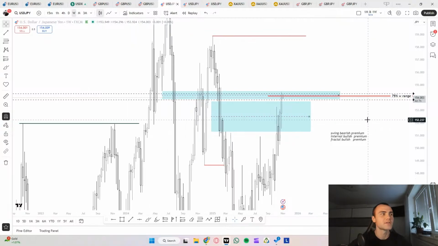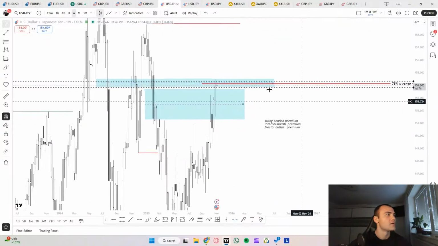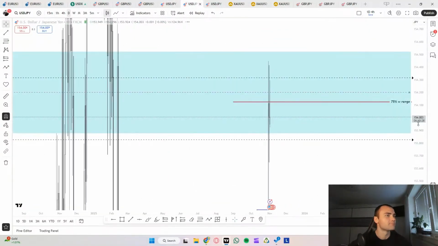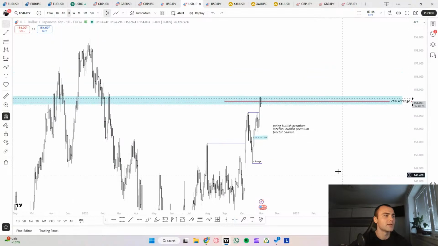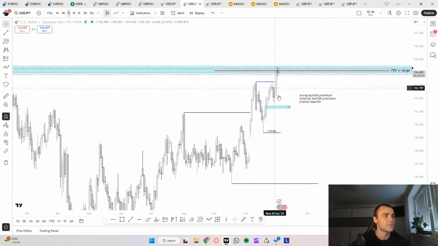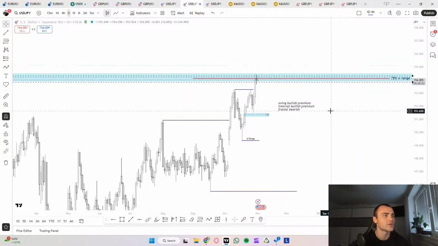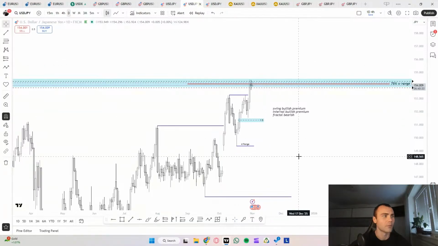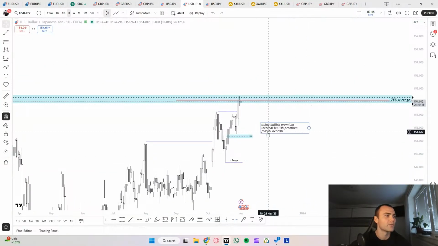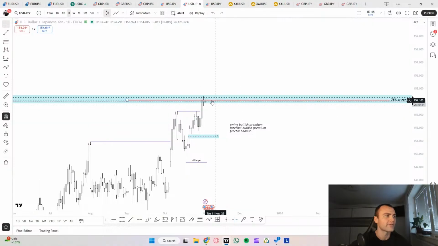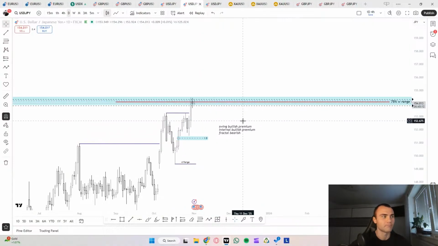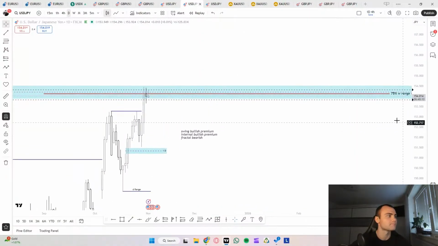But not only this, right? Let's jump on daily now. We see that the daily price action swing is bullish, internal is bullish, in premium both of them, and fractal it's also bullish in everything. It's bullish in the premium, right?